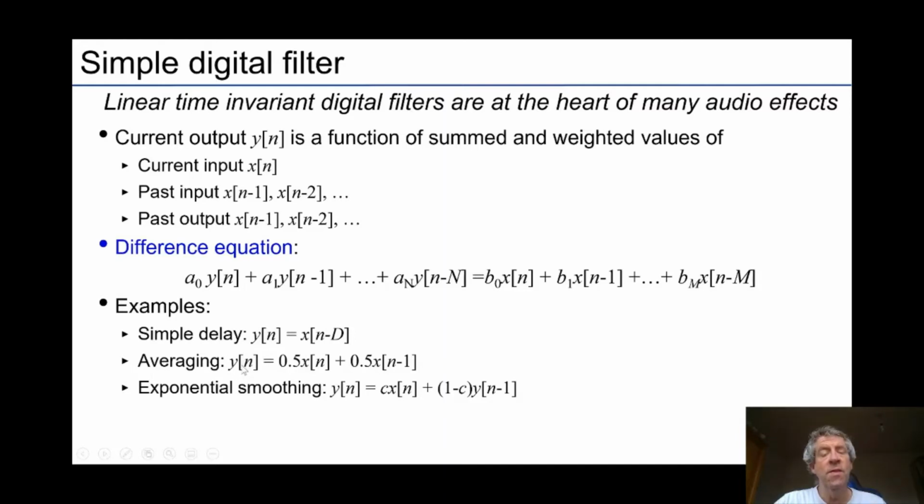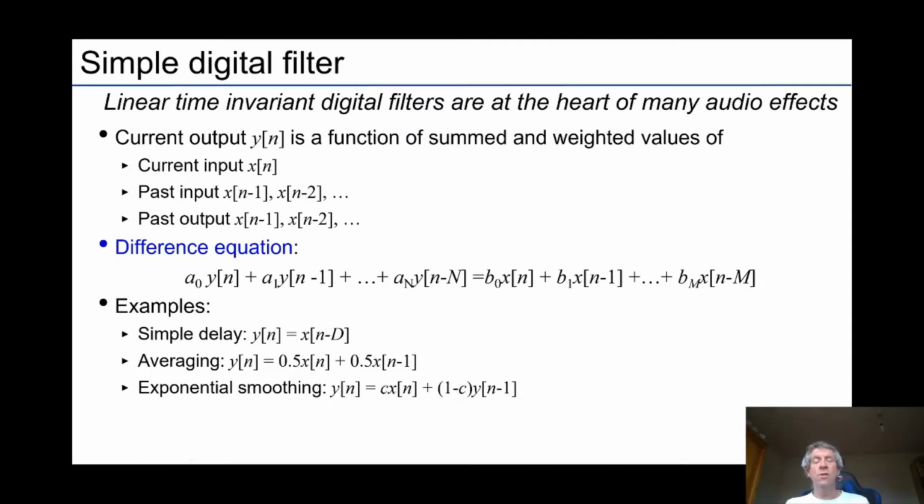And then there's exponential smoothing, which is a first order IIR filter. We'll talk about IIR in a minute. But that sort of filter looks like this, where the current output is a weight of the current input value and the most recent output value.